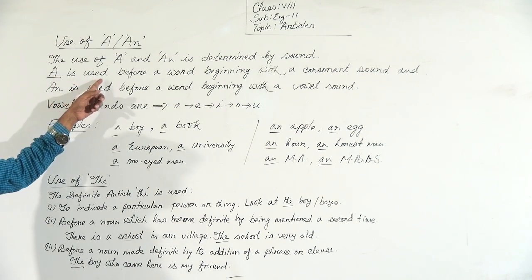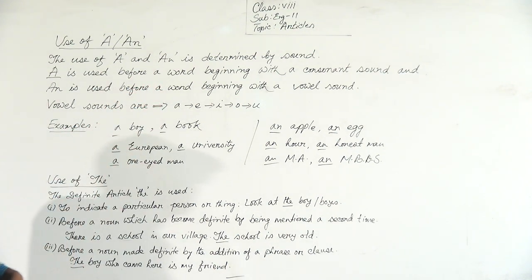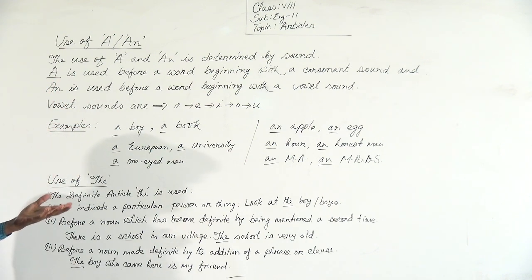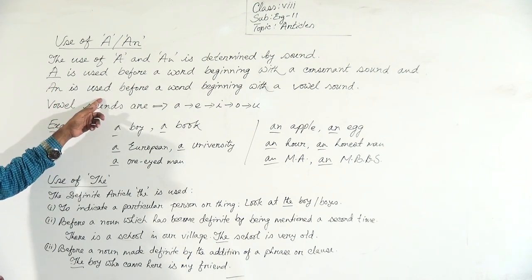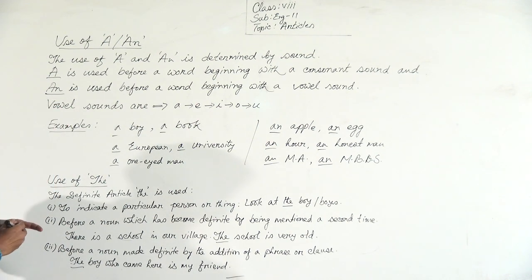A is used before a word beginning with a consonant sound. Here there are two kinds of sound, a consonant sound and a vowel sound. When you see a word beginning with a consonant sound, then you have to use a. And an is used before a word beginning with a vowel sound.